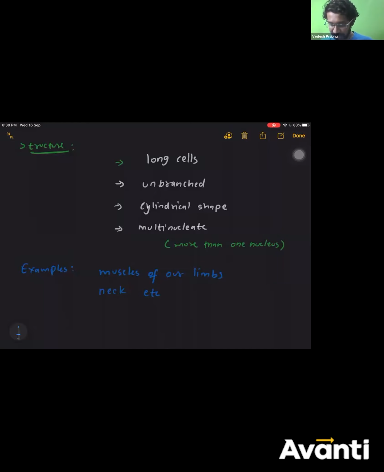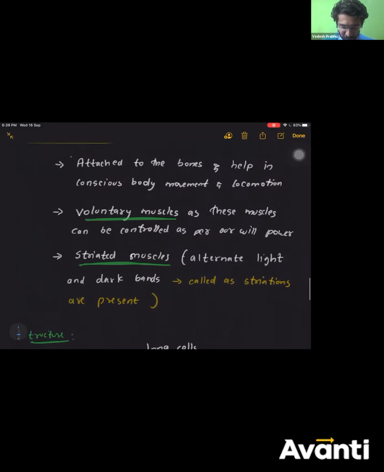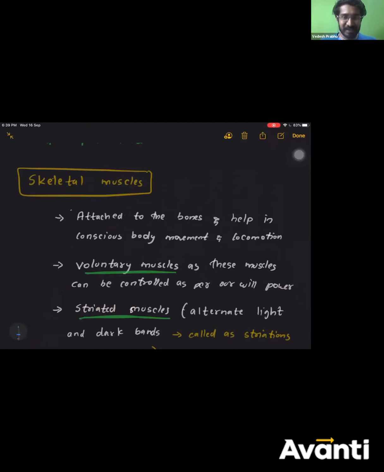Now these are the points which we wrote. We'll again quickly see these points one by one, and then we'll watch the video together. The first thing, three names: skeletal muscles, striated muscles, voluntary muscles. All of them the same.